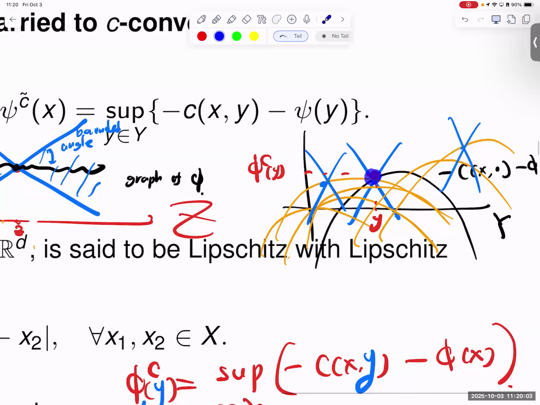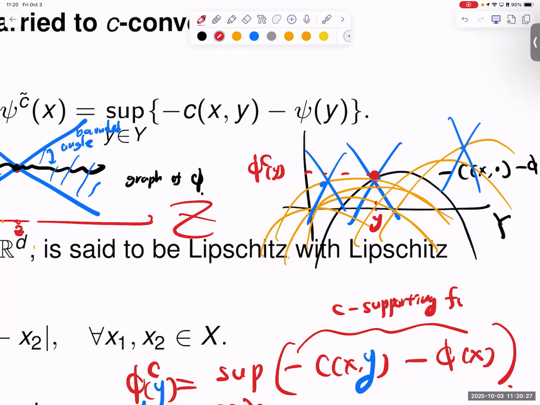Okay, then there, you can imagine that because each here is a supremum, it has some nearby such a function like this, which is called a supporting or C-supporting function. They often call it this way.